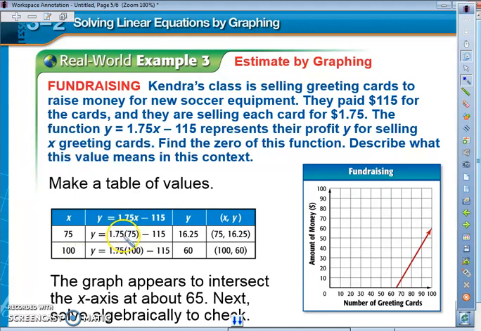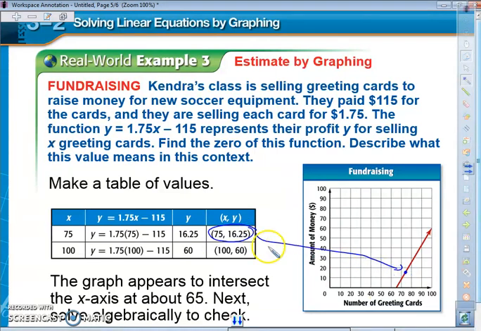So at 75, if x is 75, which is how many they sold, they're going to be at a positive 16.25. 75, 16.25, there it is. That's that point right there.